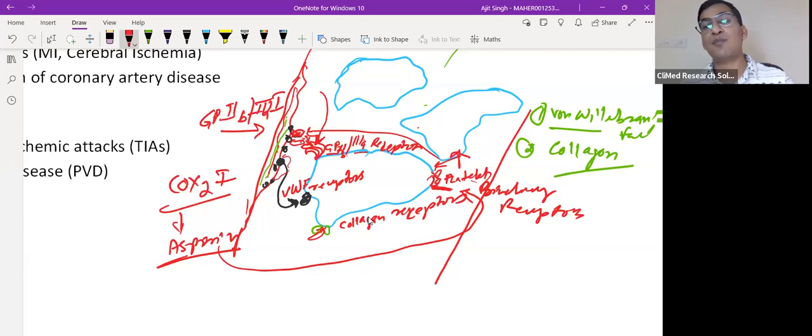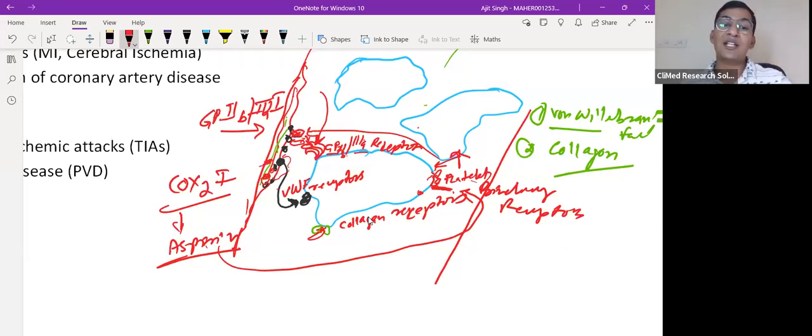When I'm talking about the platelet binding receptor, that is the COX receptor, and COX is another hormone or factor which is secreted along with other factors from the injured site as well. So aspirin will bind with the COX receptors at the platelet site and inhibit the COX binding. So again it will stop the platelet activation and aggregation.